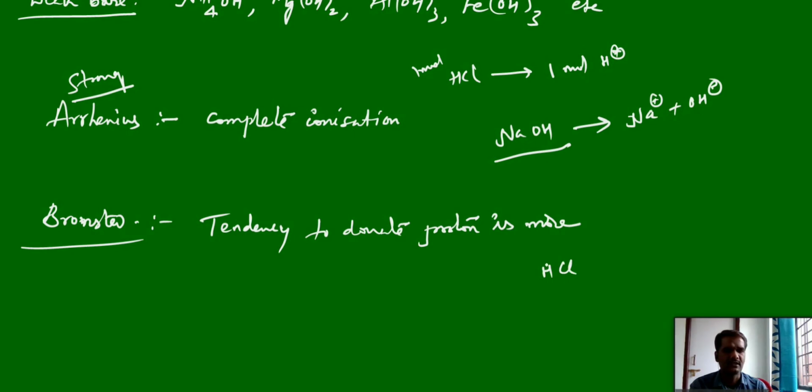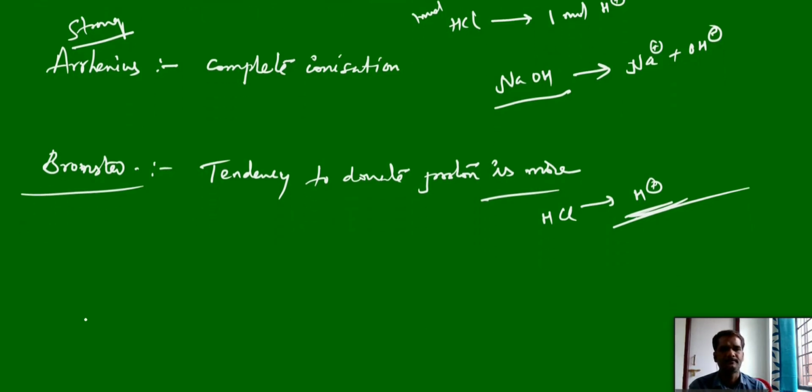In case of HCl, it can donate H plus 100%, it can give complete H plus, it can transfer H plus 100%. So more tendency to donate H plus ion is called a stronger acid. Quite opposite, which can accept H plus very effectively, that we can say is a Bronsted base.